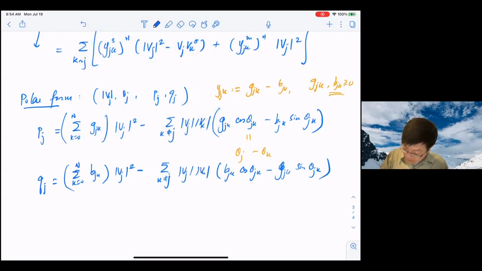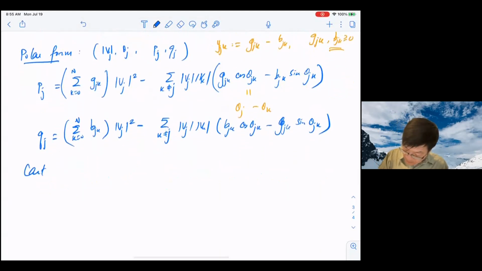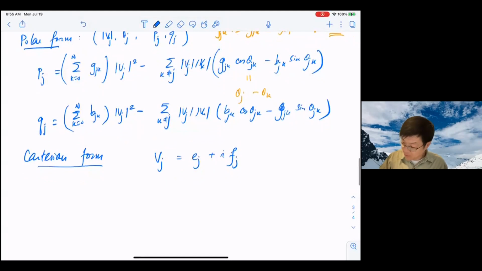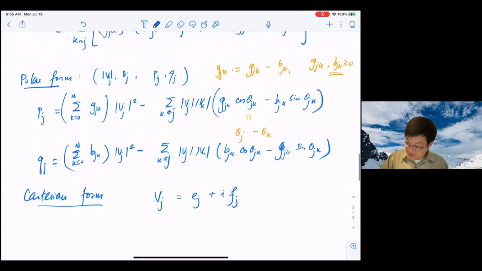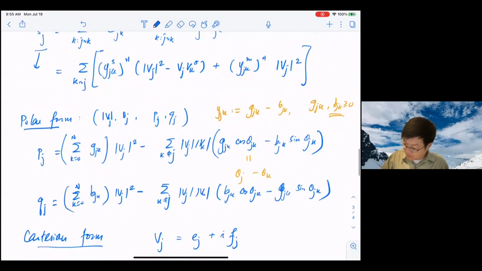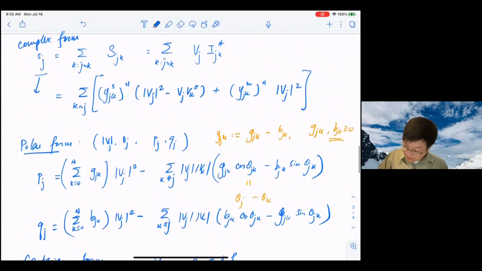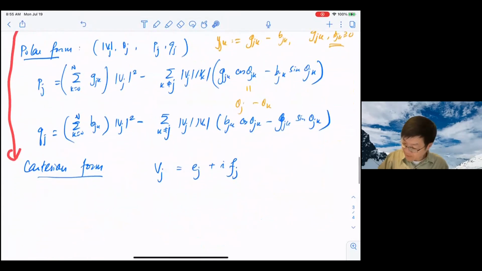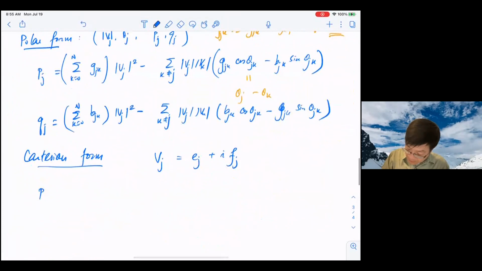Or you can do another conversion where the variables are Vj written not in polar form but as real and imaginary parts. Then if you substitute Vj equals Ej plus i Fj and equate the real and the imaginary parts, the complex form will produce the following, which looks like Pj.